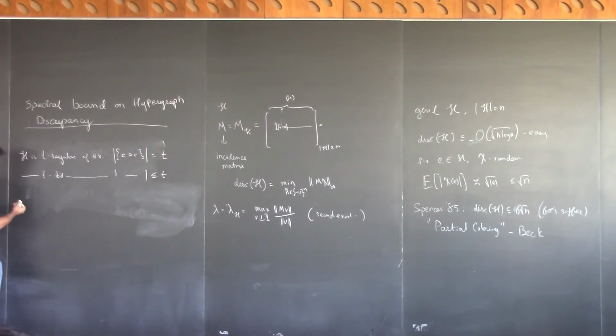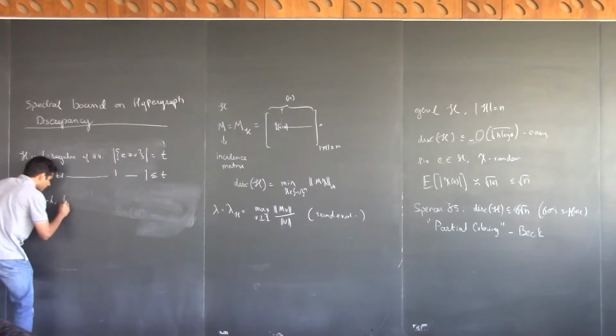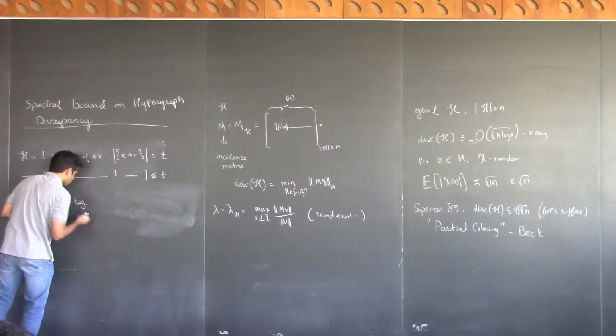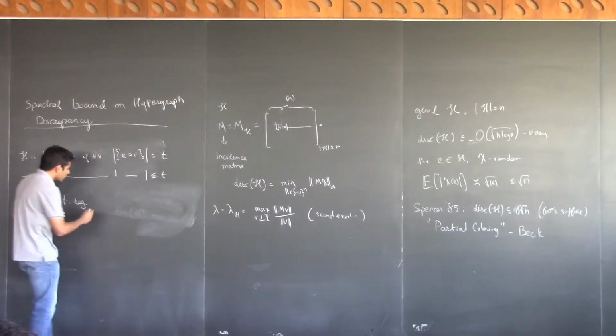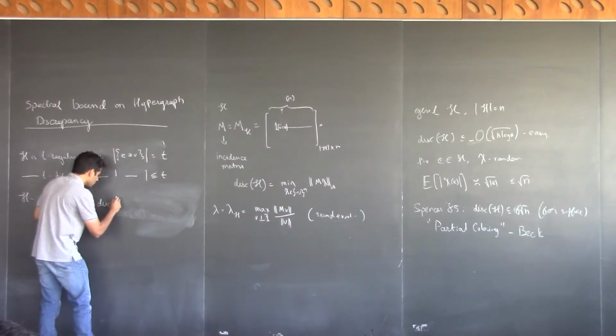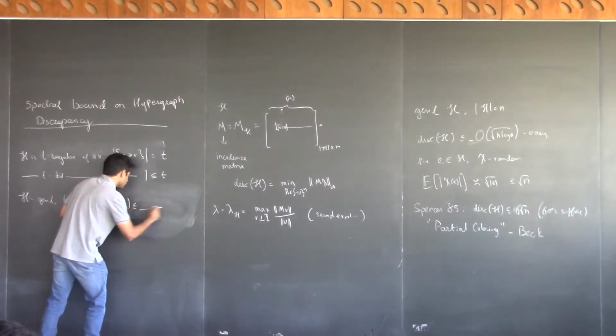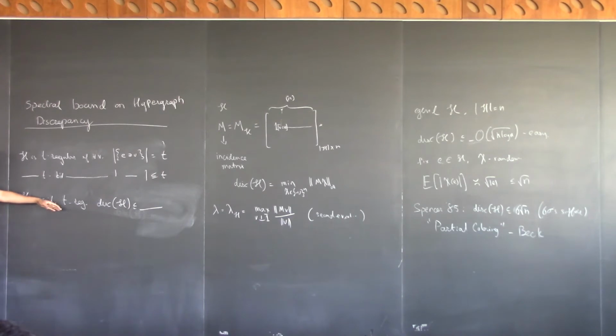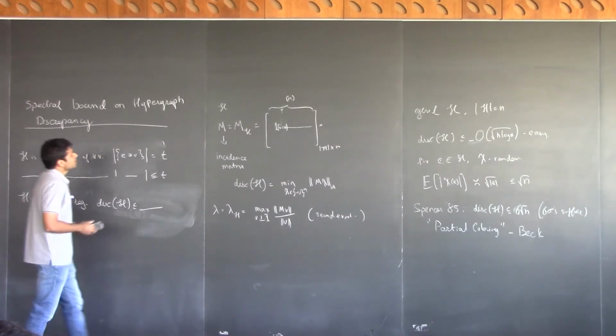Okay, so here's a different question. H is again a general t-regular hypergraph. What can be said about the discrepancy of H? Is it easier to parameterize by t? That's the question.